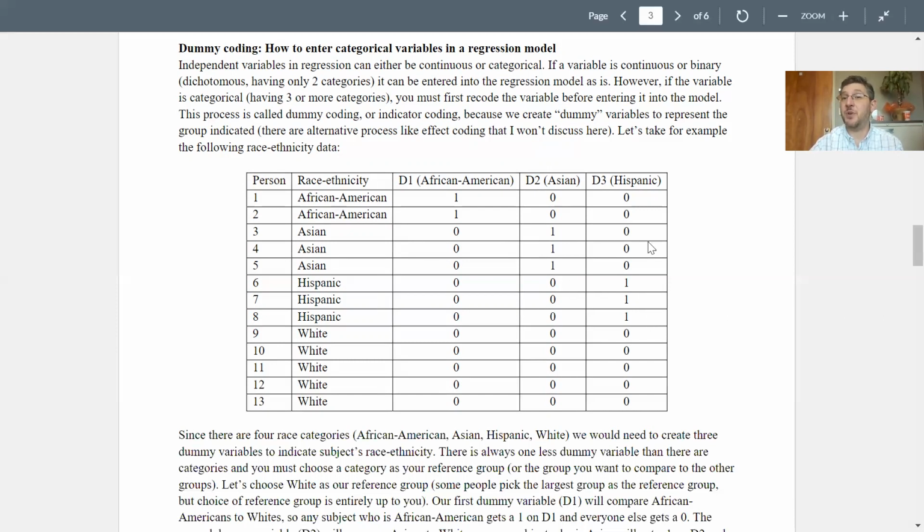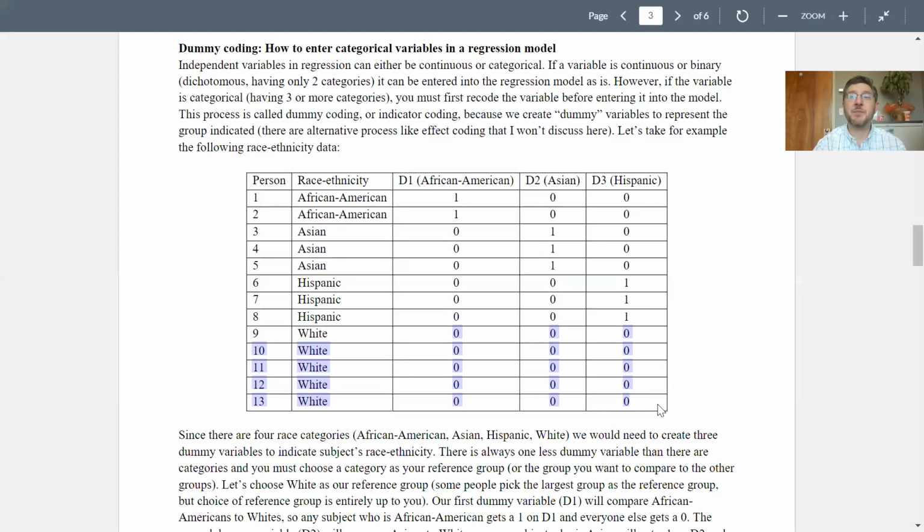Anybody who's Hispanic gets a 1, and everybody else gets a 0. The reason you only need 3 and not 4 is we can identify who is white because they have a 0 on all 3 of these variables. If you entered a 4th one, it would be redundant information and the model would kick it out anyway.